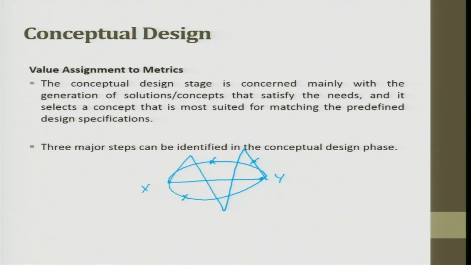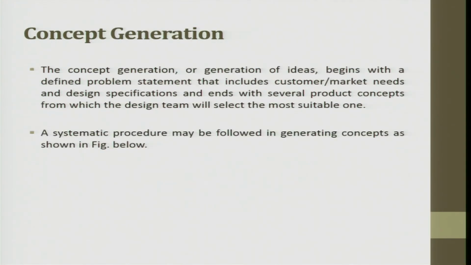The major steps that can be identified in the conceptual design phase are concept generation, or generation of ideas, which begins with a defined problem statement, which you have already done, that includes customer market need, design specification and ends with several product concepts from which the design team will select the most suitable ones. The systematic procedure is given in this slide.